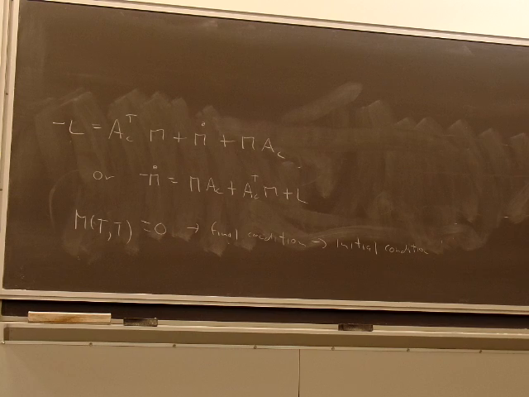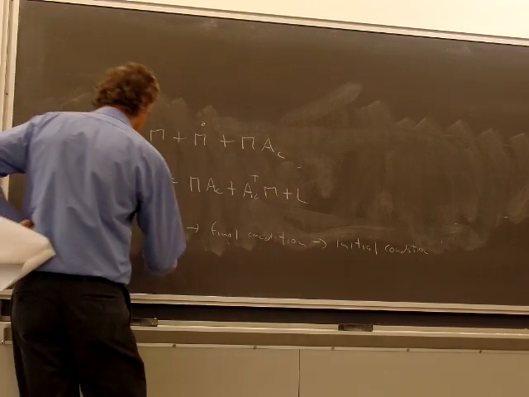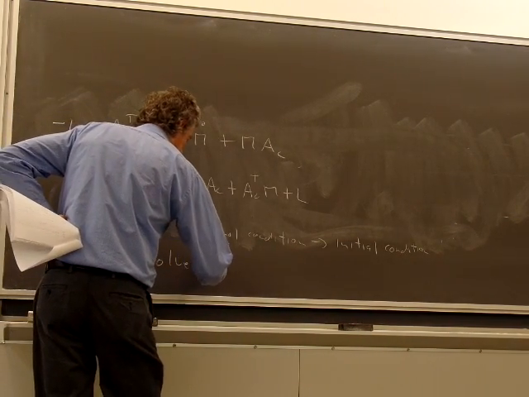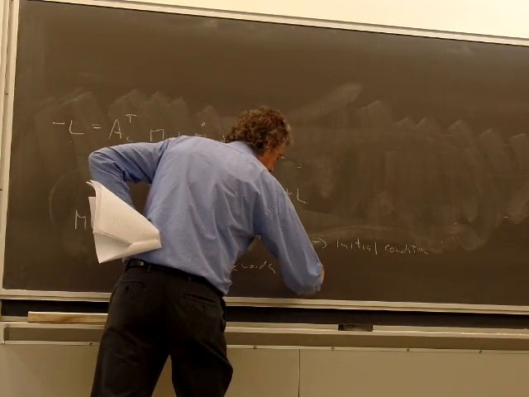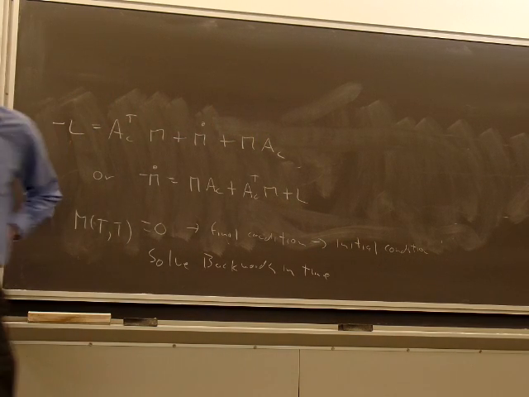One of the things, calculate the differential equations backwards. So instead of going forward in time, you start at the final time and work backwards. Solve the problem backwards. So solve it backwards and join.